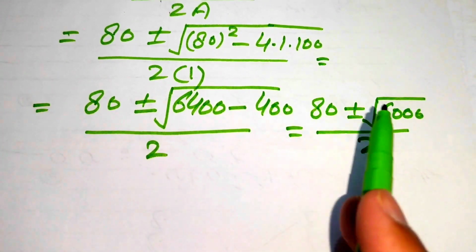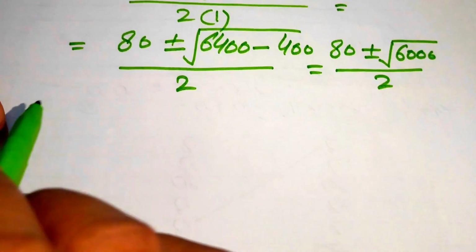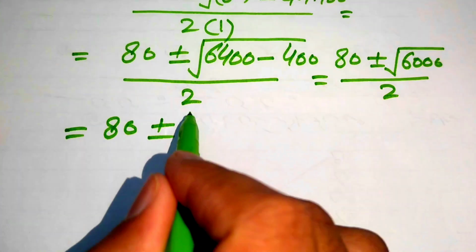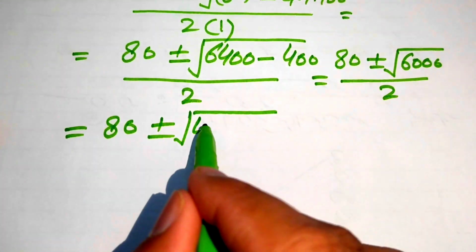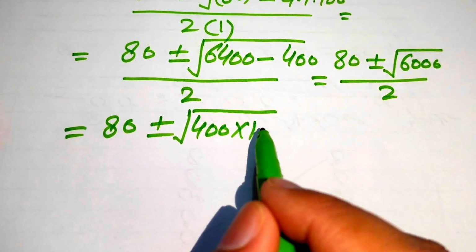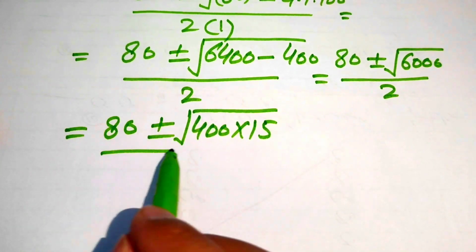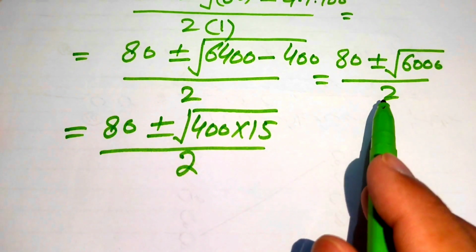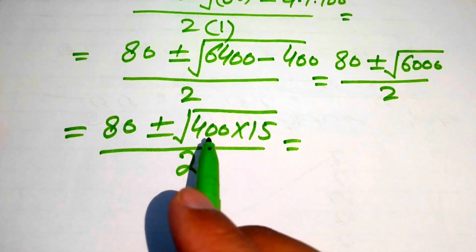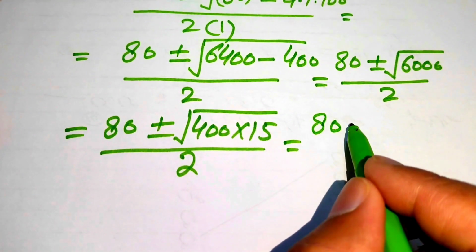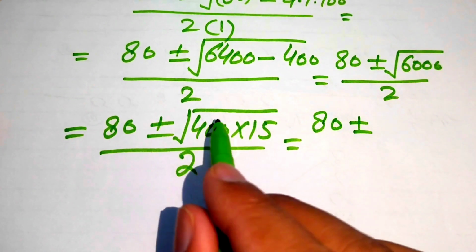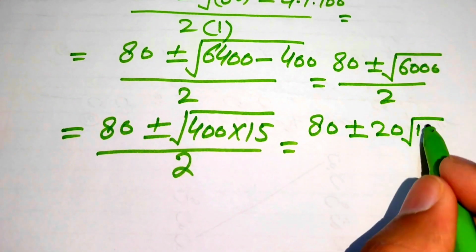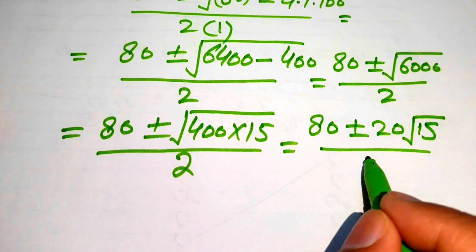Here we write 6000 as 400 multiplied by 15. We know that 400 times 15 equals 6000, and now we need more simplification: the square root of 400 equals 20, and the square root of 15 stays as root 15, all over 2.